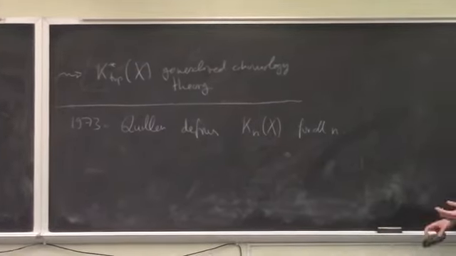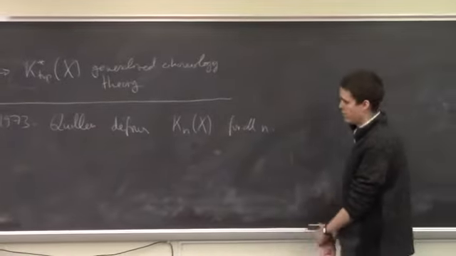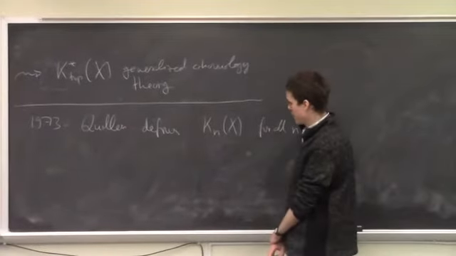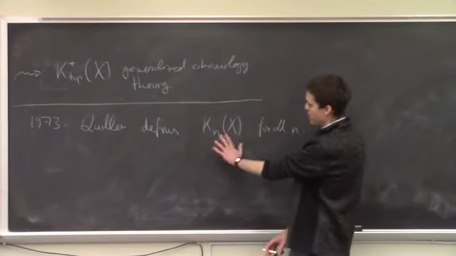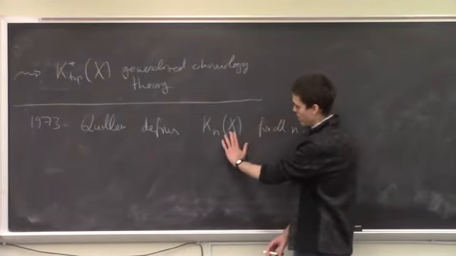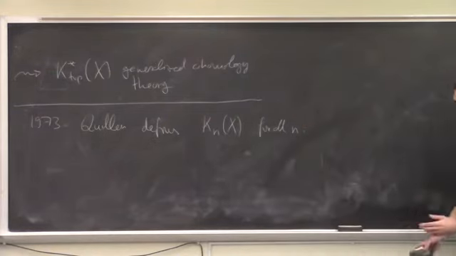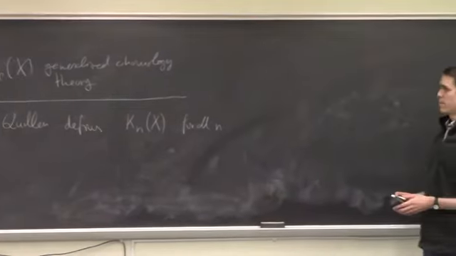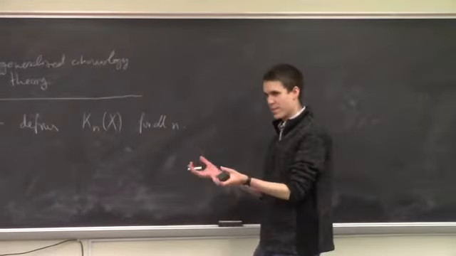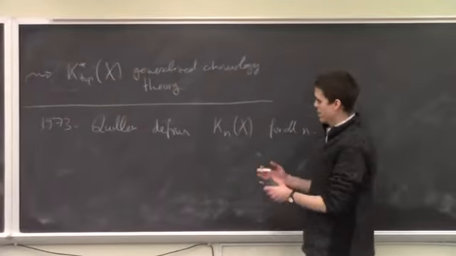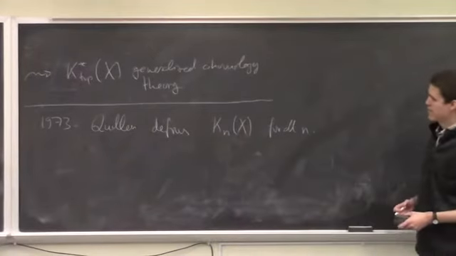And he proved a lot of things about them, lots of properties, and made a lot of computations, such as completely computing these K theory groups when X is a finite field, so you look at varieties over finite fields and just the point there. He computed the K-theory of that.